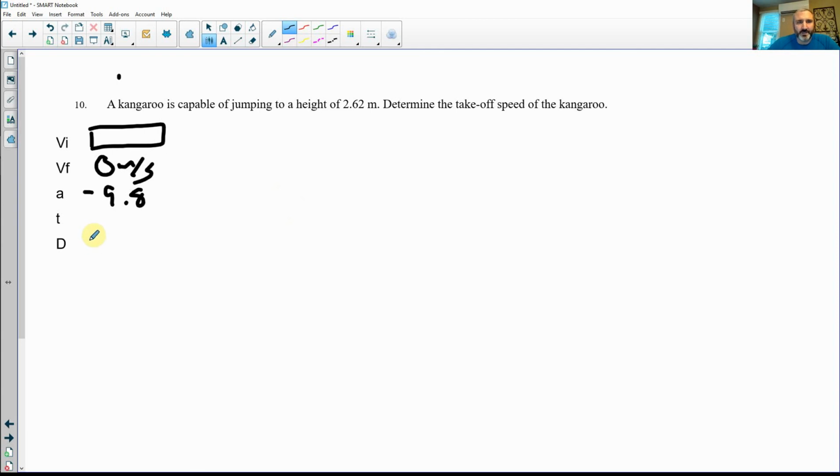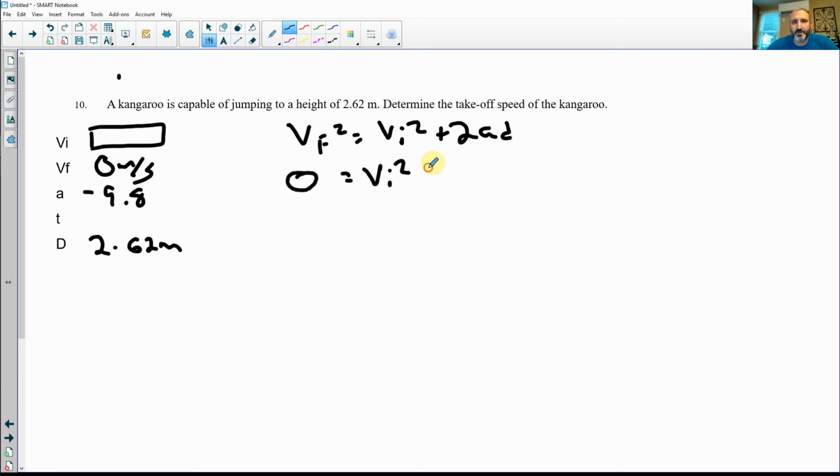And we know the displacement is positive 2.62 meters. So VI, VF, A, and D, I think the equation to use would be VF squared equals VI squared plus 2AD. So 0 equals VI squared plus 2 times negative 9.8 times 2.62.